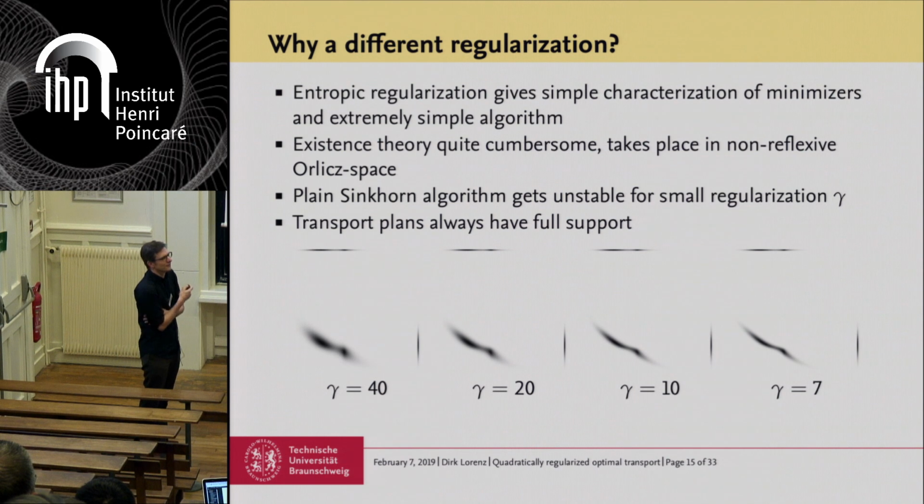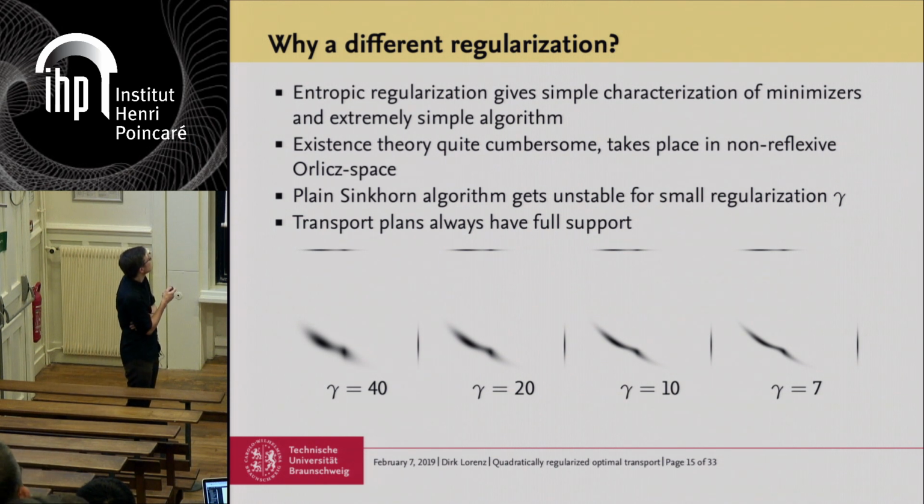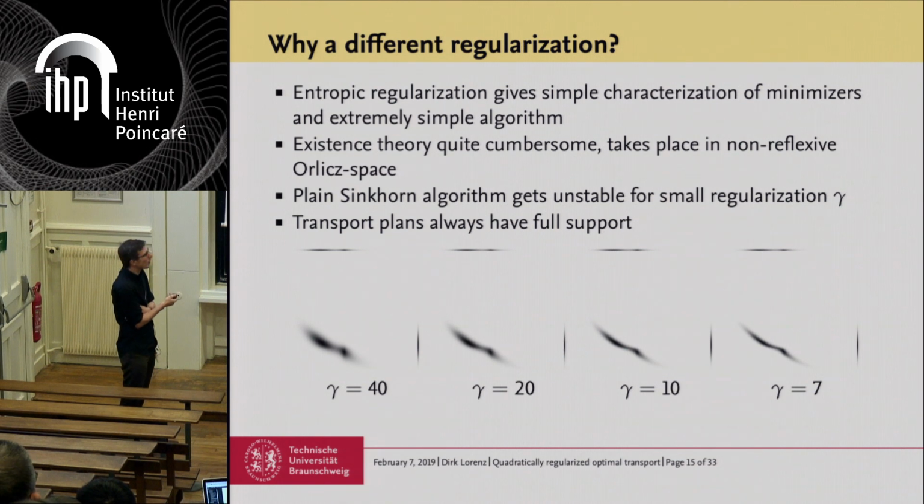So I found this pretty complicated. And one more thing is this plain Sinkhorn algorithm, or Sinkhorn-Knopp, gets quite unstable for smaller regularizations. And another thing is the transport plans always have full support as large as it could make sense even.